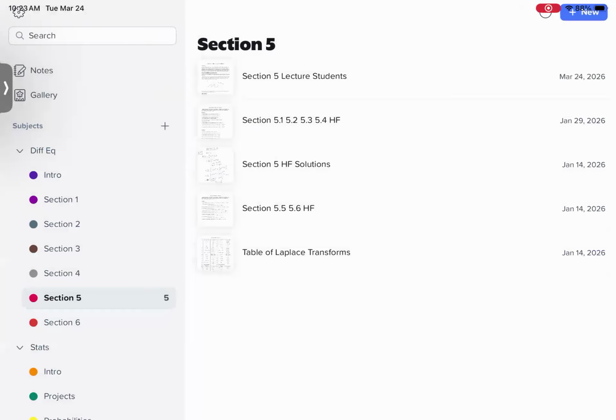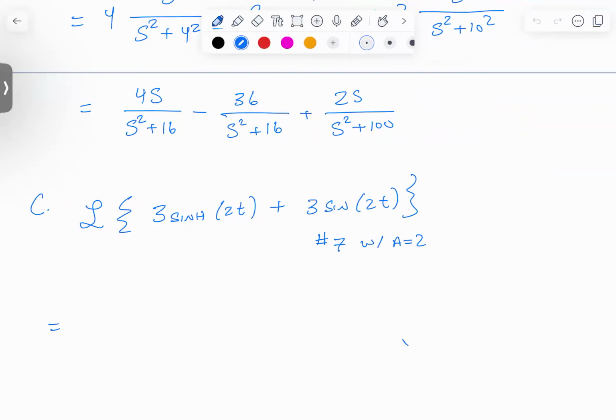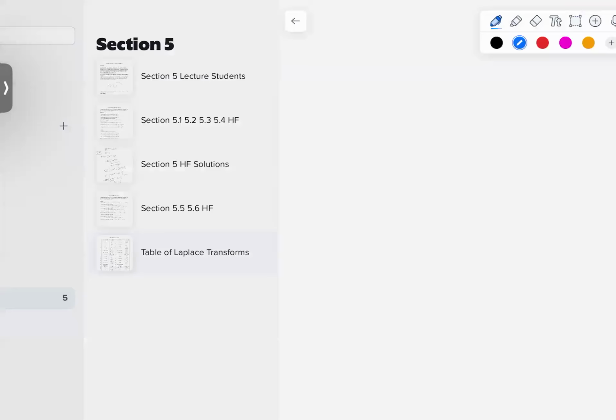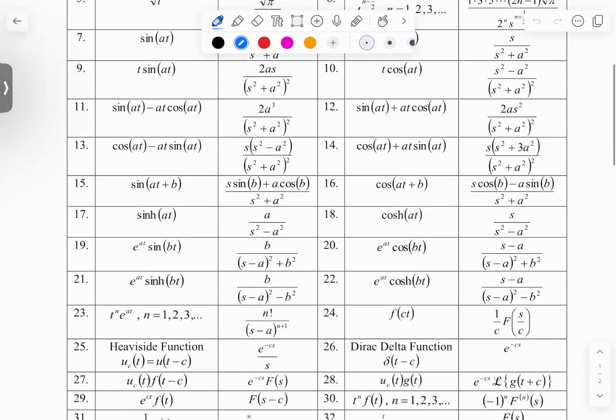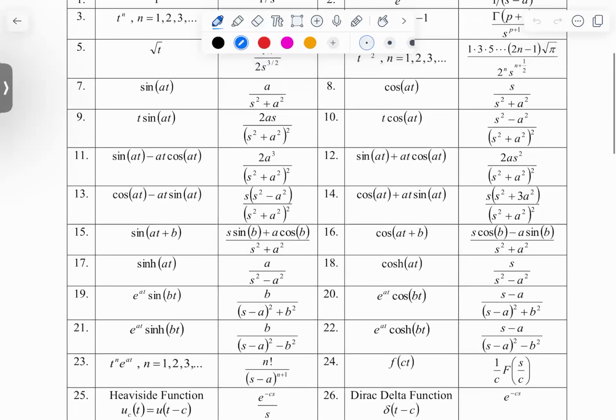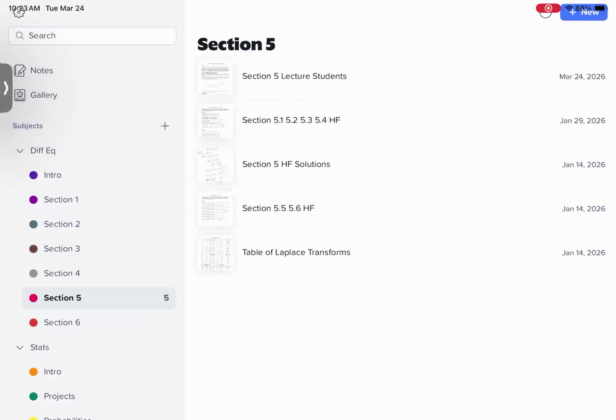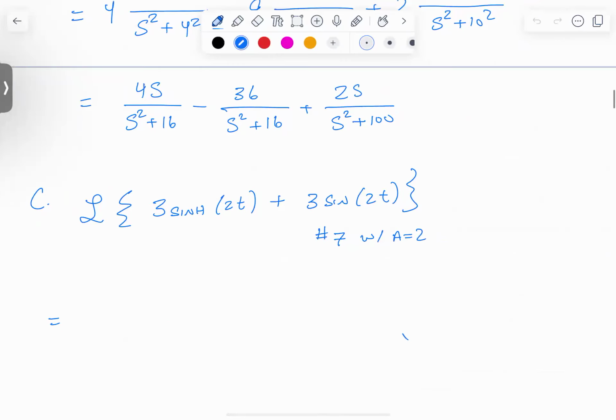And the hyperbolic sine is number 17. And so notice, number 7 and 17, it's literally just plus and minus. So that was number 17 with a equals 2.